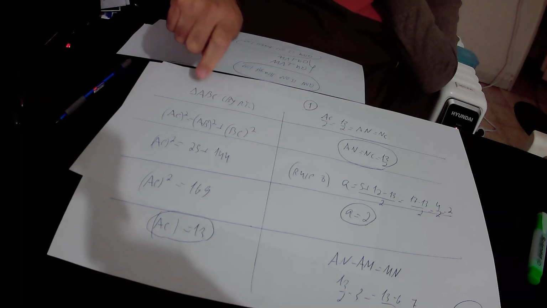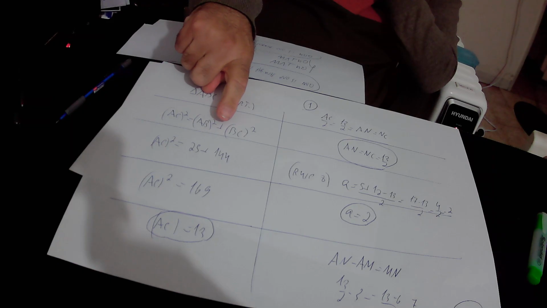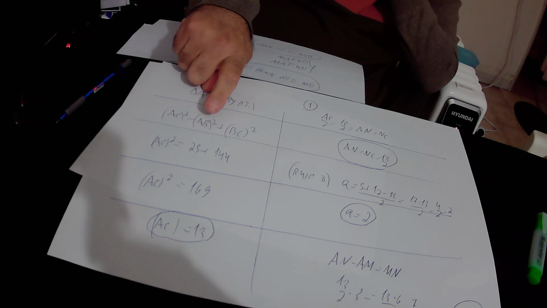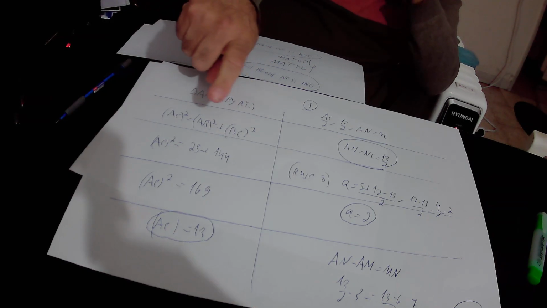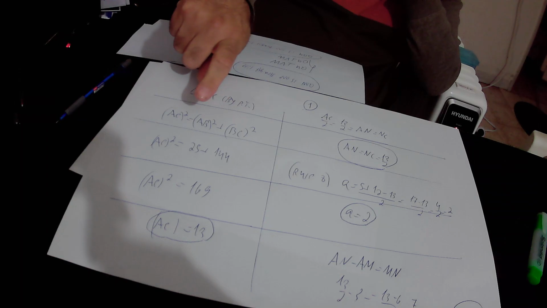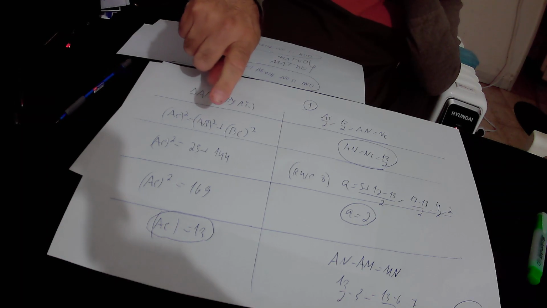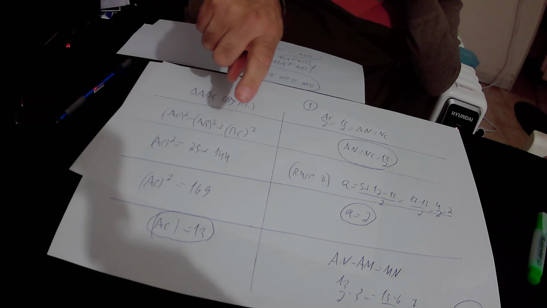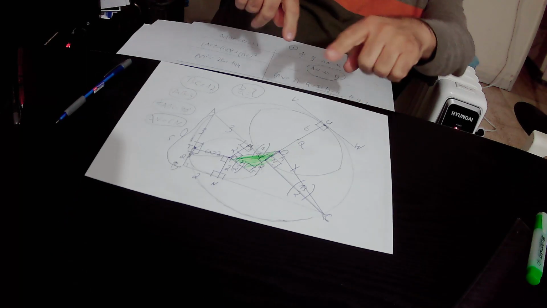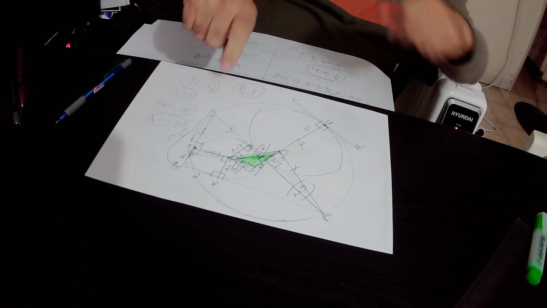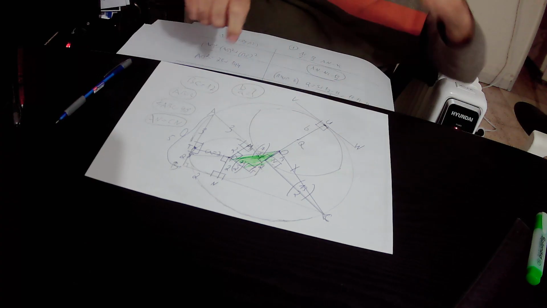So AC square equals 25 plus 144, which is 169. We took the square root of this equation and found that the square root of 169 is 13, so AC equals 13 units in length. That is to say, the hypotenuse AC of the right triangle ABC equals 13 units in length.